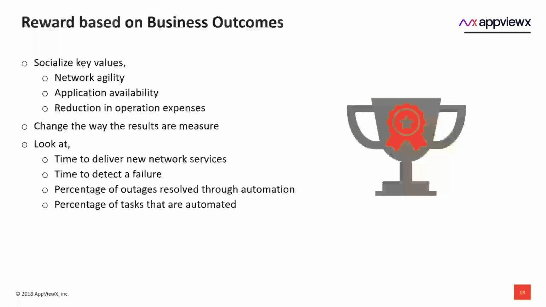So what we have seen in our customer environments is that with the same number of resources, they have been able to double or triple their workload. So the workloads are constantly increasing. The number of applications is constantly, exponentially increasing. And they were able to manage that with the same set of resources.